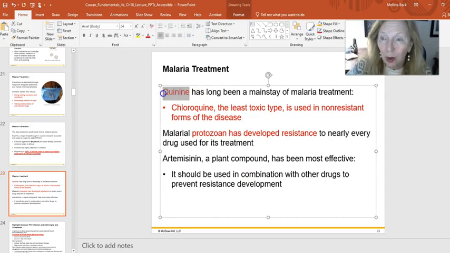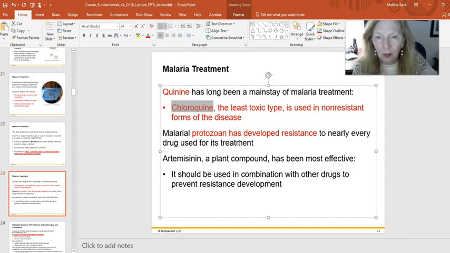The treatments, as you all learned in Chapter 10 when you were looking at chemotherapeutics, have to be antiprotozoal, like chloroquine, quinine. These are all very toxic, low therapeutic index drugs, because we know that protozoa are eukaryotic, and the treatments that will affect those cells can often interfere with our own cells, making this a pretty toxic type of drug to give to the human with a low therapeutic index.